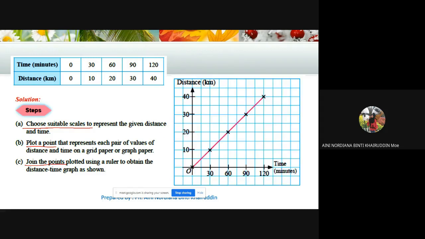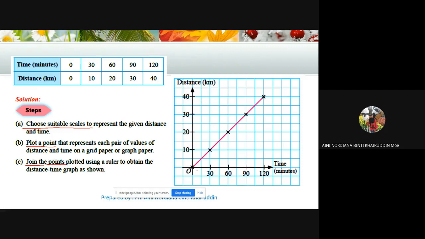Senang je. So yang pertama tu, tak payahlah buat 1, 2, 3, 4, 5 sampai 40. Ikut kesesuaian. Ini boleh pilih sendiri. So macam contoh ni dia buat 2 kotak 10. Ini kotak buku latihan lah. So 2 kotak 10, so taklah besar sangat nak kena lukis graf ni kan.